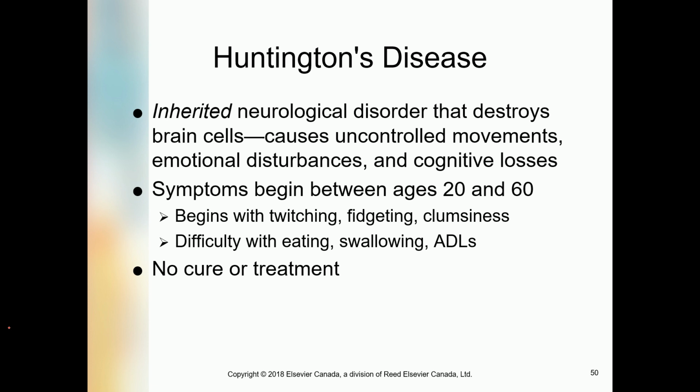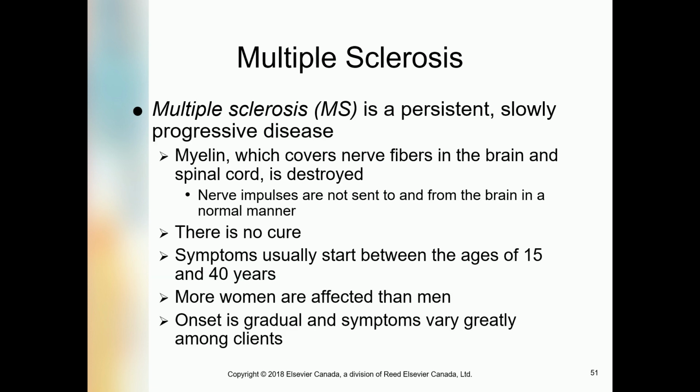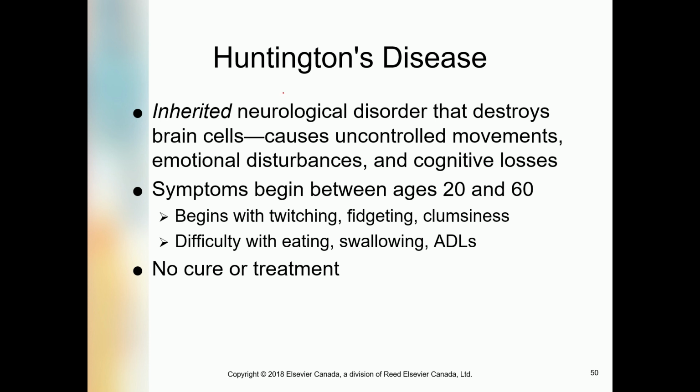Now we are discussing another disease. Its name is Huntington's disease. Huntington's disease. An inherited neurological disorder. See, these are the neurons of the body, the head and the body, that destroy brain cells and cause uncontrolled movement.